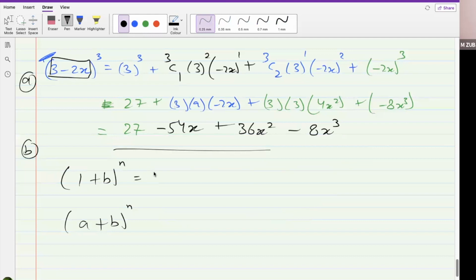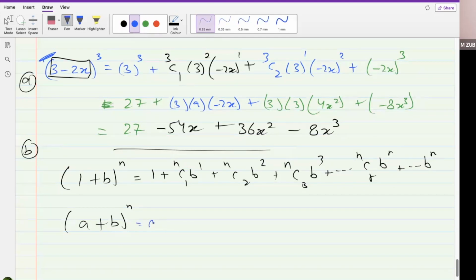The expansion formula is 1 plus nC1 b^1, nC2 b^2, nC3 b^3 and so on, so nCr b^r, and the last term is b power n.